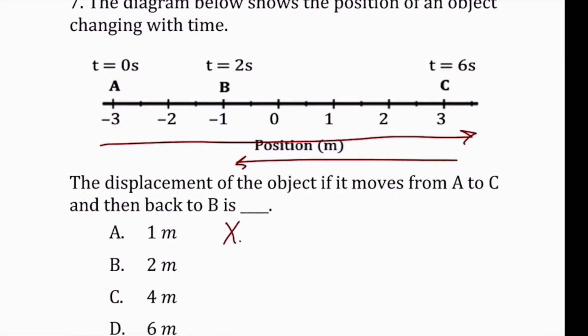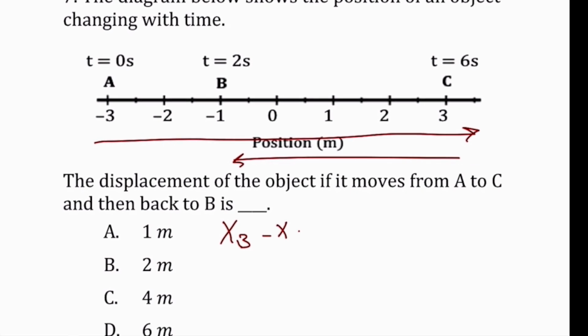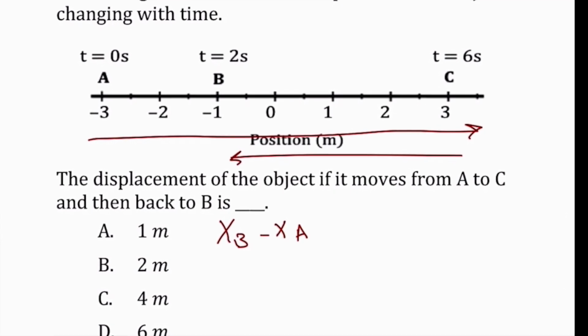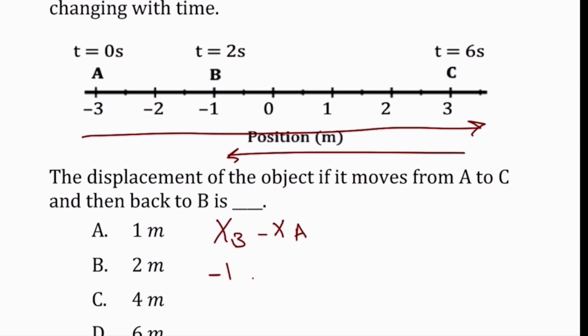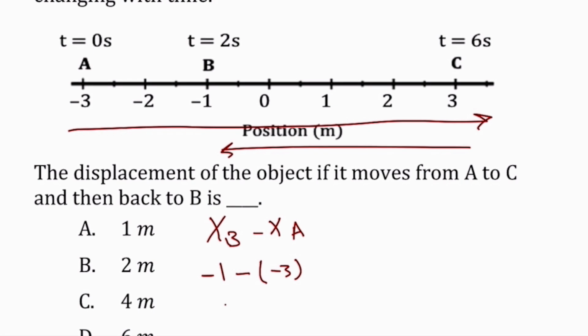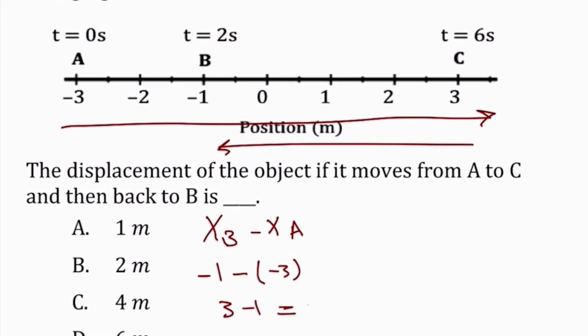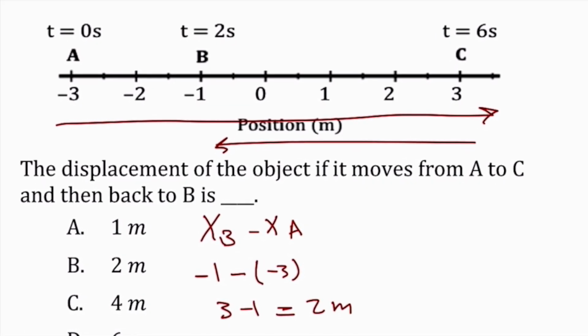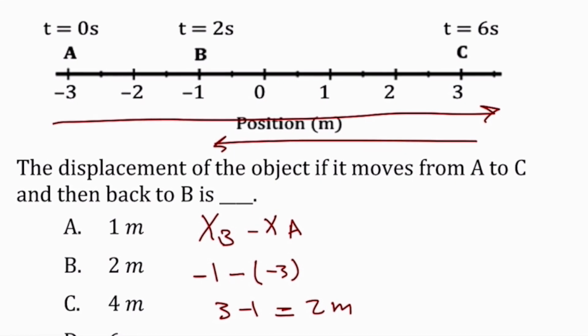So we say xb minus xa, which is -1 minus -3. That means 3 minus 1 equals 2 meters. So the right answer is B, 2.